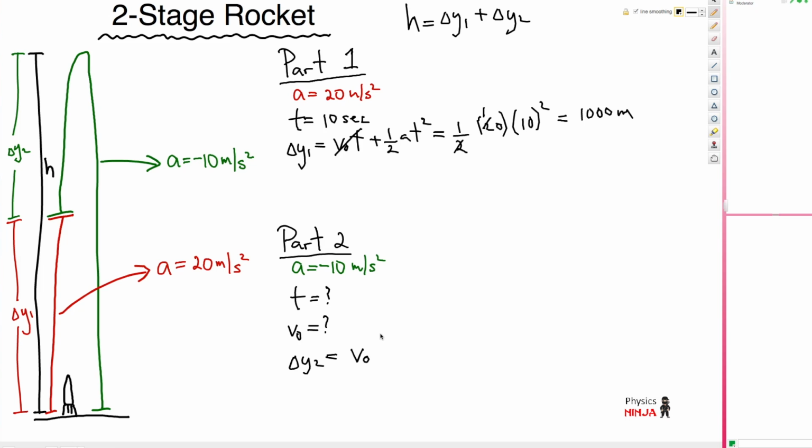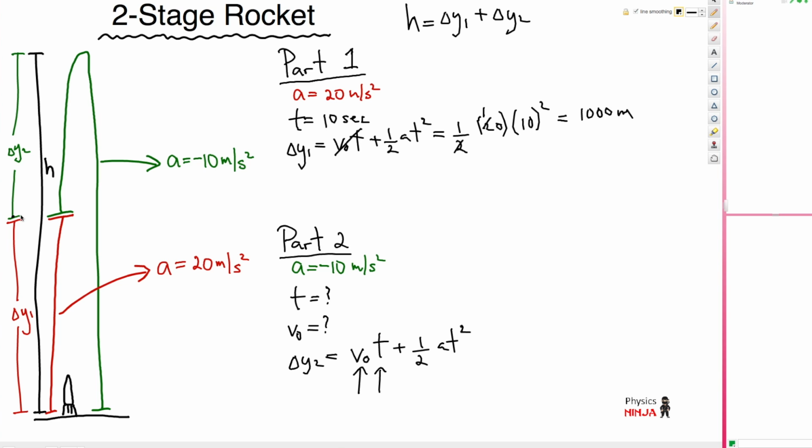So it's the initial velocity times time plus 1/2 at squared. So in order to find the displacement, I need a few things. I need to know the initial velocity, and I need to know the time. So what would be the initial velocity here at this position?